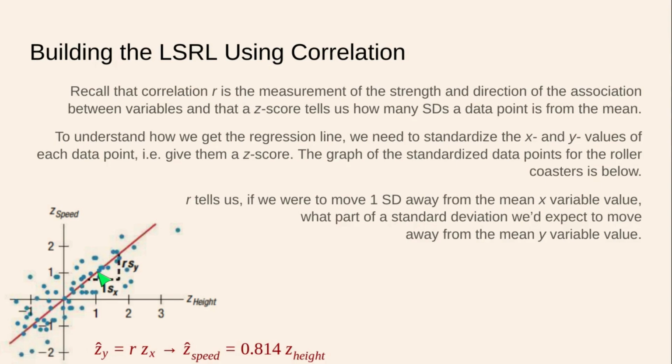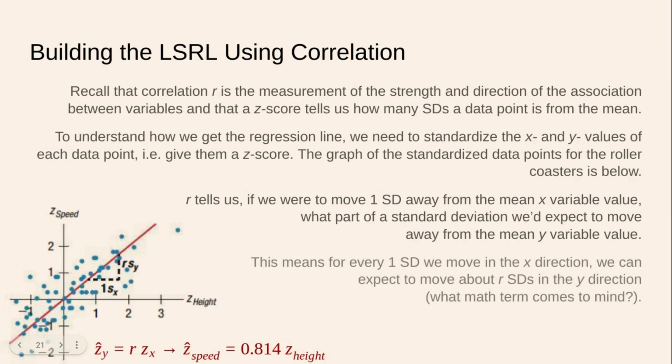Okay? So we see in this graph right here, if I move one standard deviation to the right, I move r standard deviations up. And when I move horizontally, I move according to a standard deviation of my x values. And when I move up, I move r number of standard deviations for my y values.